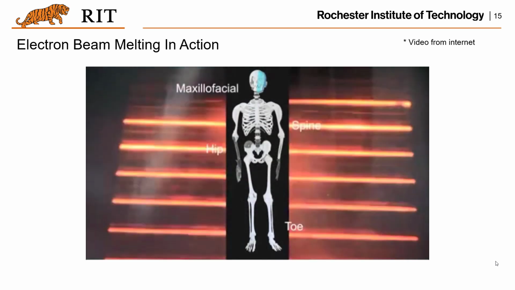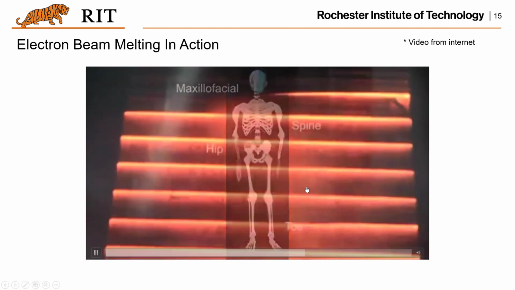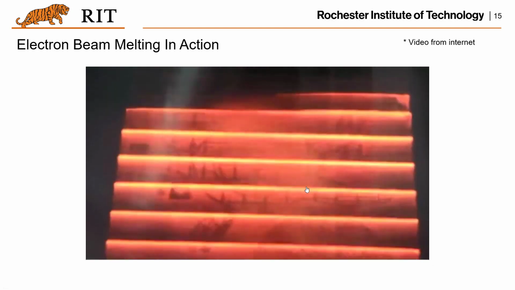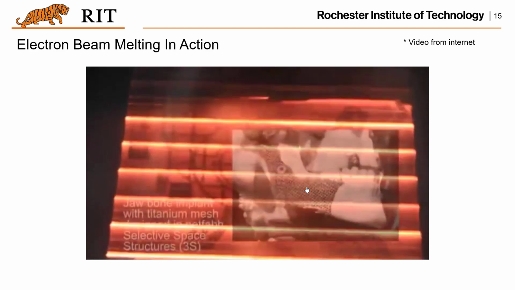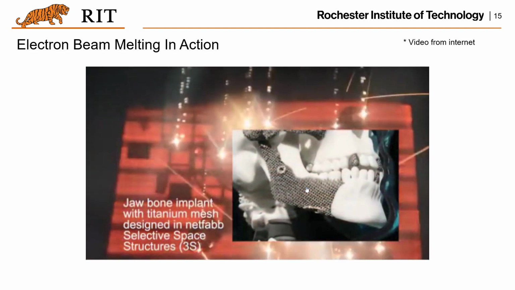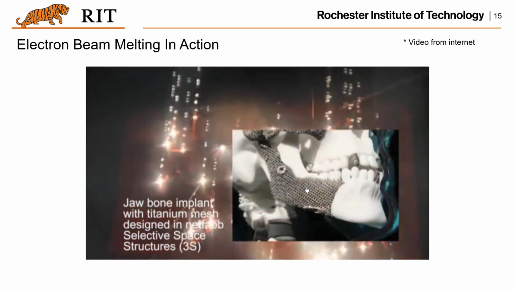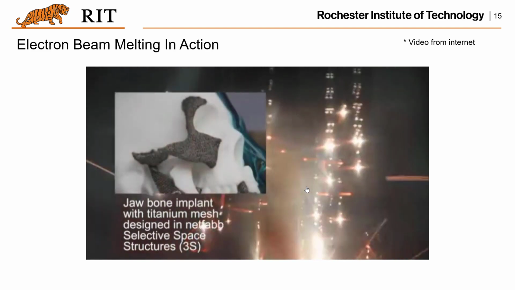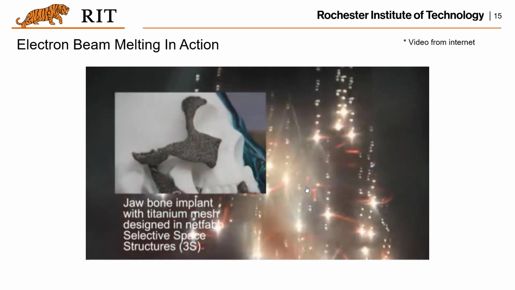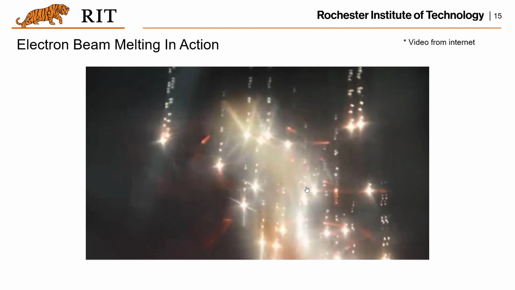It shows a biomedical application for an implant. As you can see, the electron beam looks like you have multiple energy sources, multiple electron beams scanning, but actually there's only one. I will talk about why it looks like this.